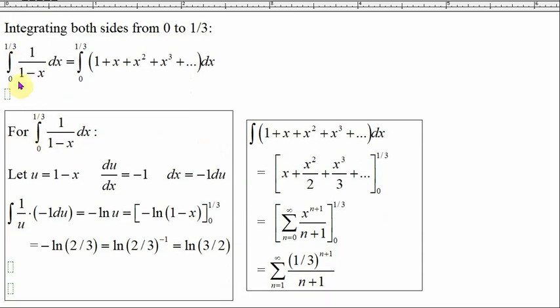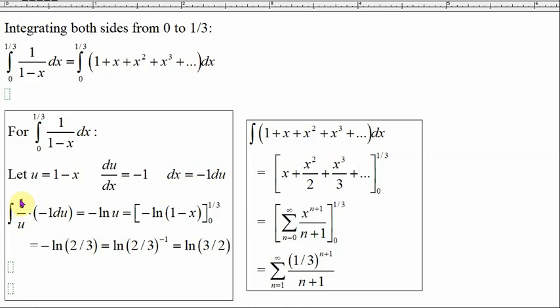With this, for the left side, we can use the substitution method to integrate. Let u be 1 minus x, then du/dx is -1, so we get dx to be -1 times du. Our integral becomes 1 over u times -1 du.